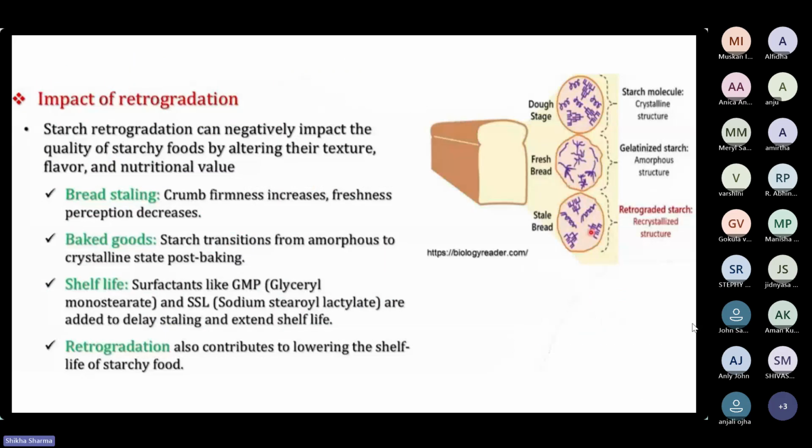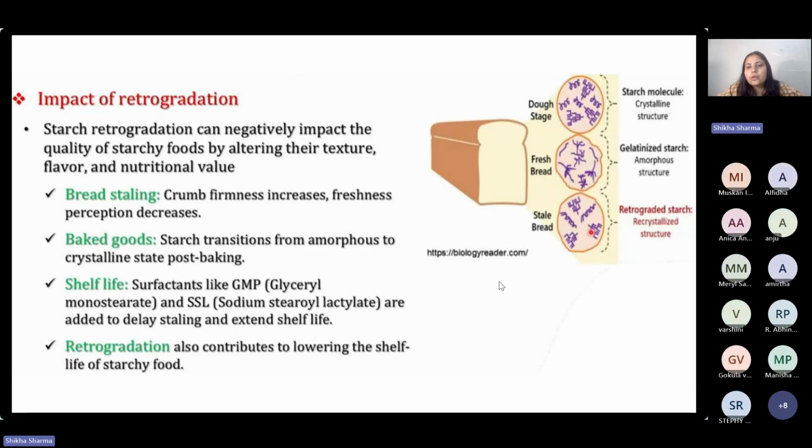So if we see the staling of the bread, what happens? What does starch retrogradation do? Basically, starch retrogradation can negatively impact the quality of starchy foods by altering their texture, flavor, and nutritional value. Bread staling is one example where the crumb firmness increases and the freshness perception decreases because of that.